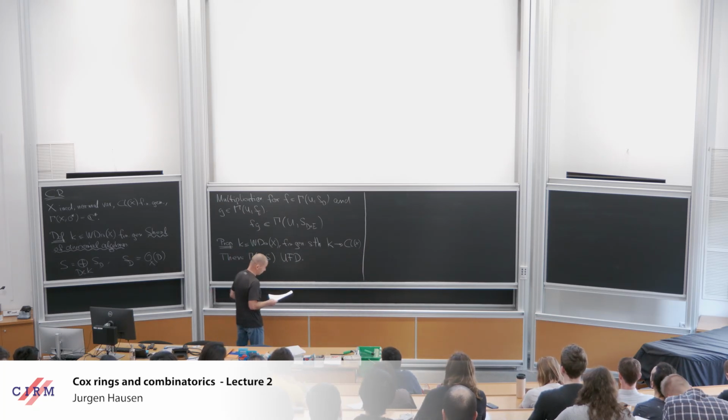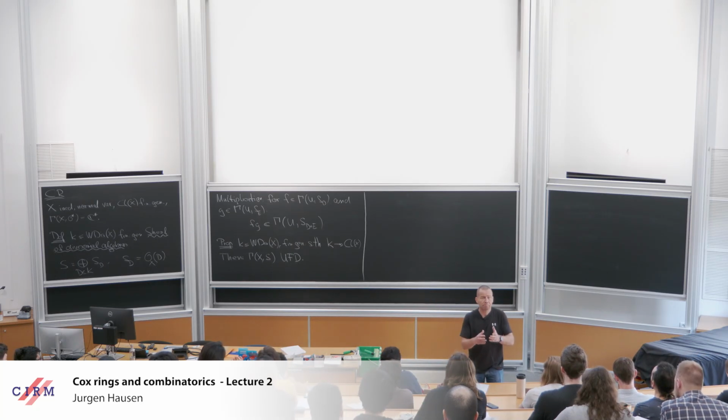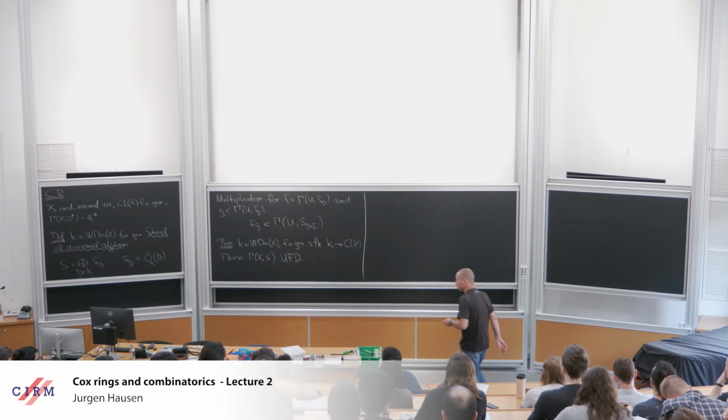And now, okay, we could be fine with divisorial algebras because we have this nice result, but they are not universal in some sense. What is the problem with this?